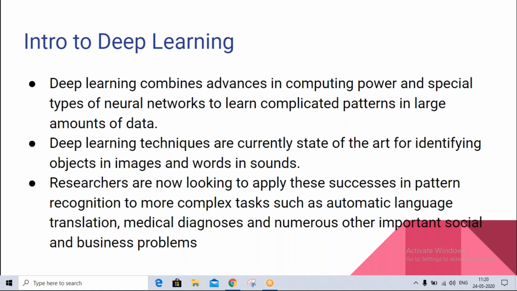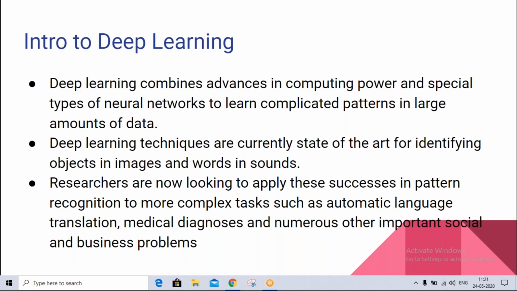So deep learning techniques are currently the state of the art for identifying objects in images and words in sounds. And the researchers are now looking to apply these successes in pattern recognition to more complex tasks, such as automatic language translation, medical diagnostics, and numerous other important social and business problems.